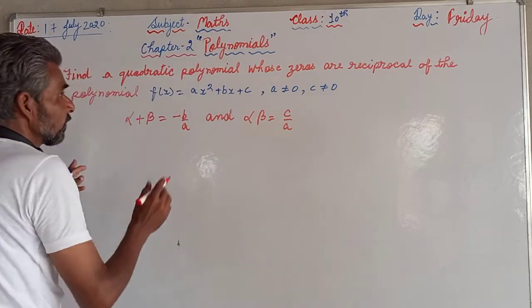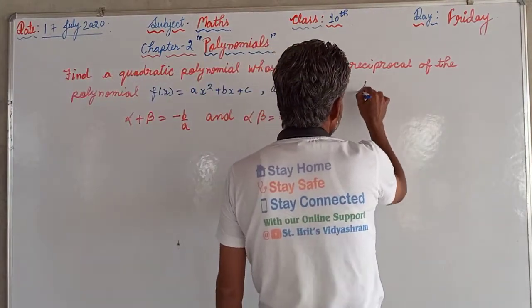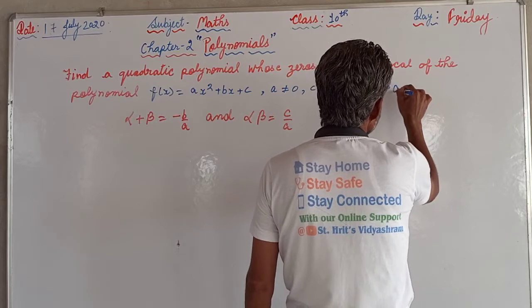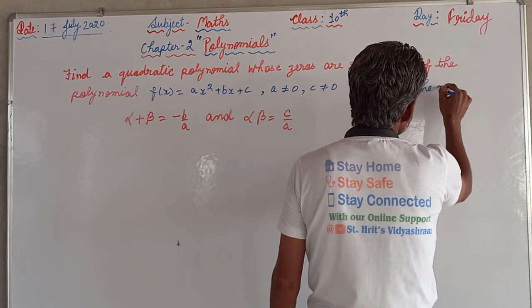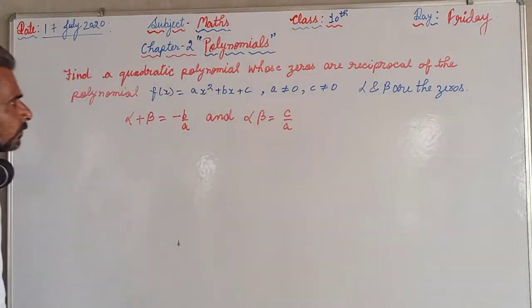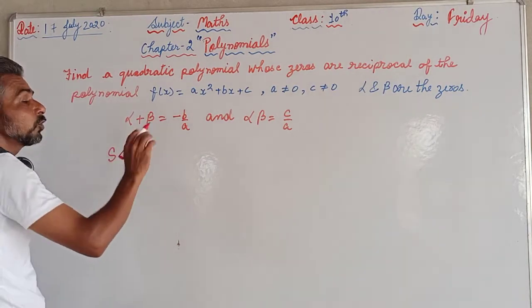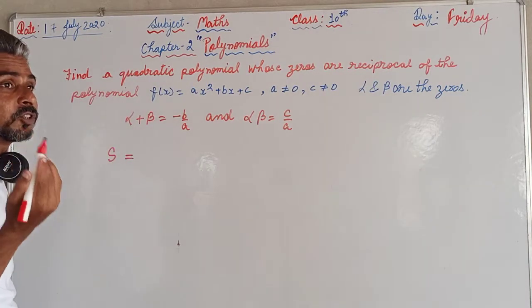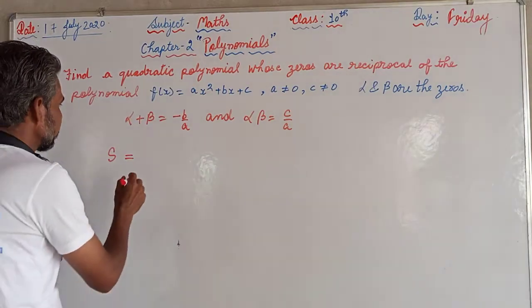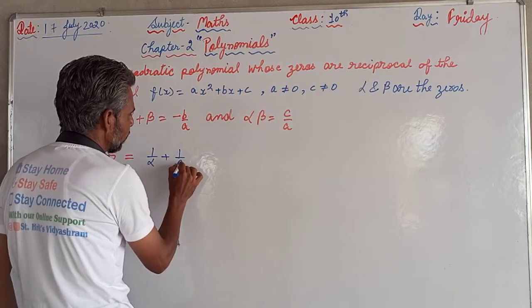We have considered alpha and beta to be the zeros of this polynomial. But now we want the sum of the zeros of the new polynomial, that will be 1 upon alpha plus 1 upon beta.